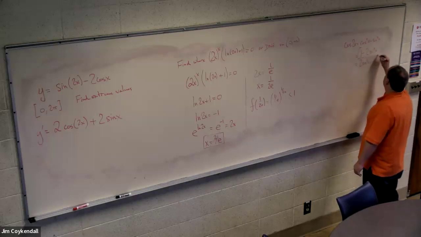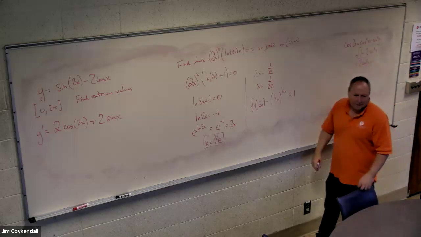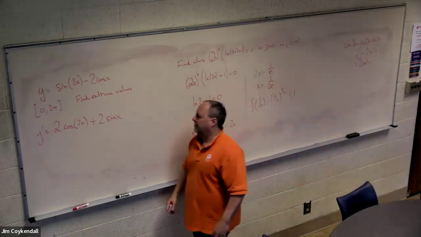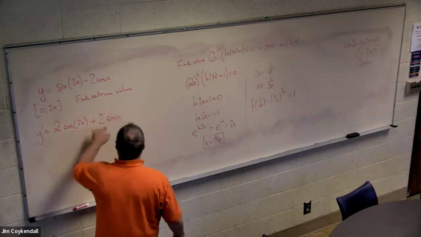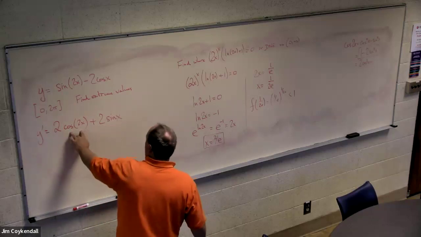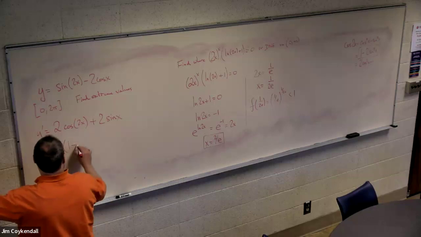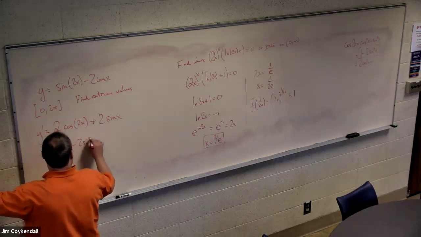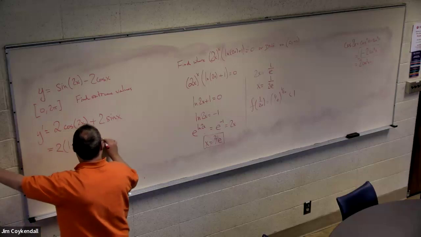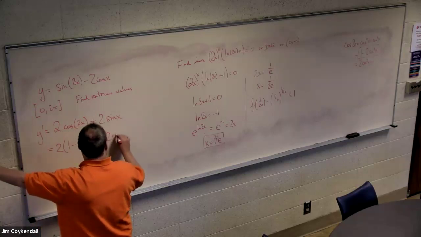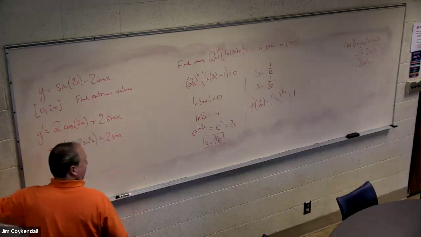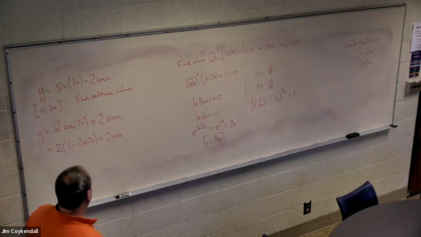I'm going to focus on this one, and the reason is because I've got a sine here. I'd like to use this sine, so I rewrite cosine 2x this way.